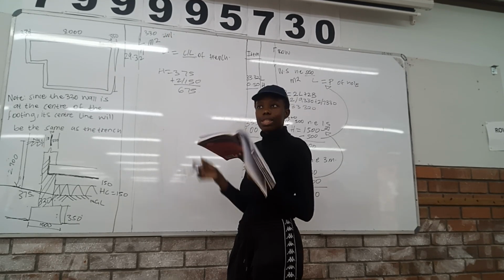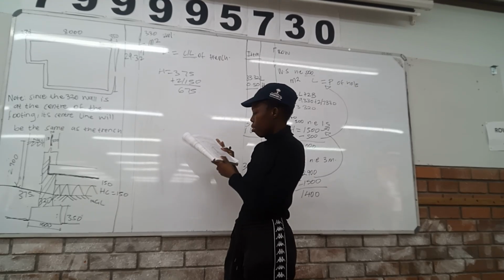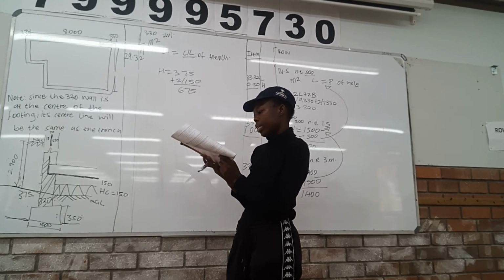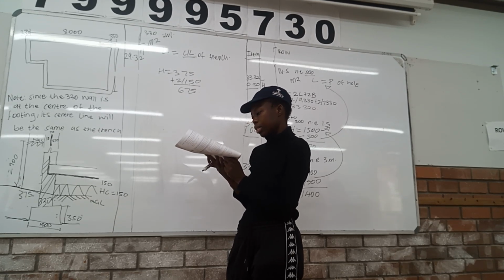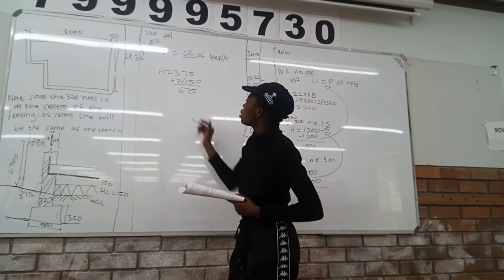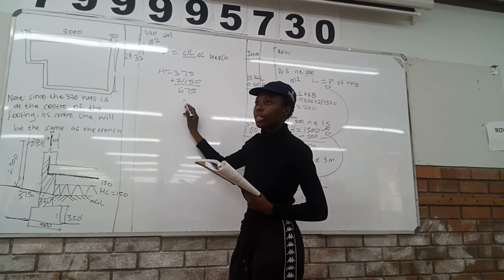Do you all agree with this height? For the height, you check the 330 wall where it ends. So let's get 2 of 150 plus 375. 675.